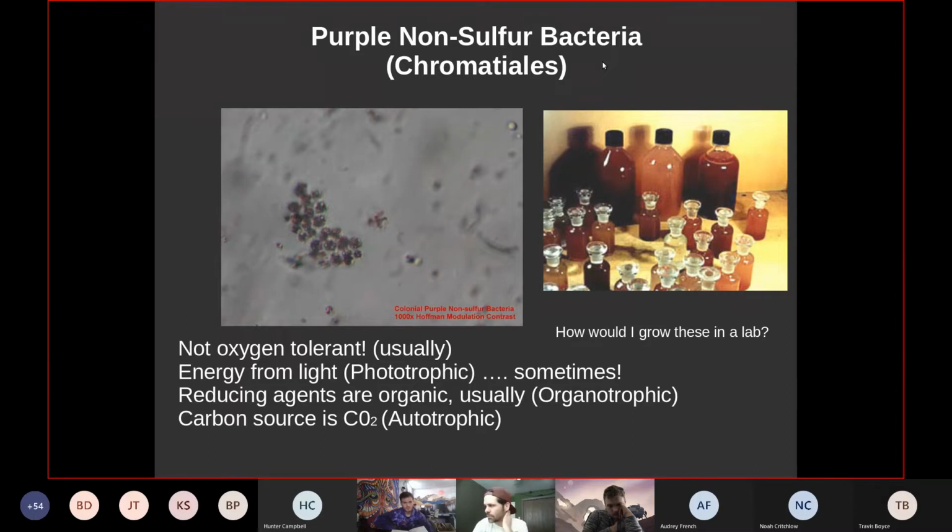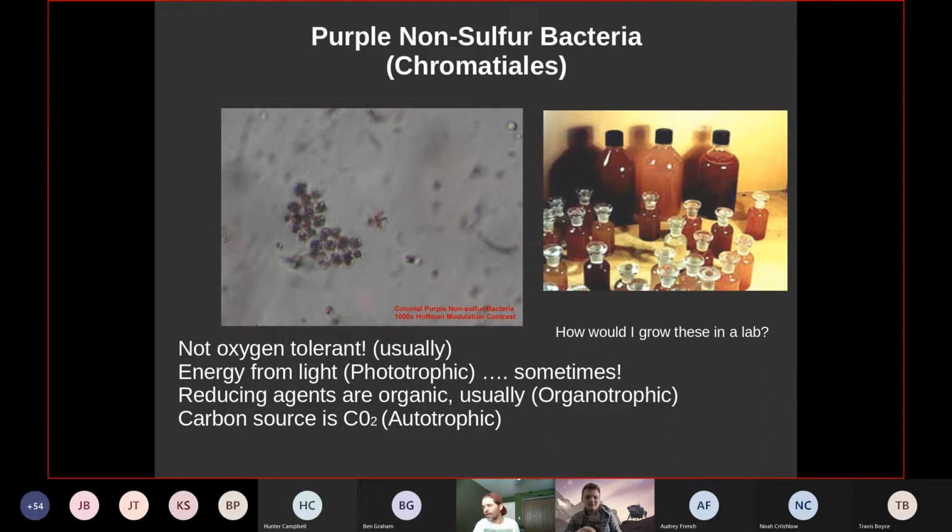Why is it called non-sulfur? Oh, because they don't use dihydrogen sulfide for their electron source. They use organic stuff like acetone. So why is it called non-sulfur instead of something else? Why is it not called purple acetone bacteria? Yeah.